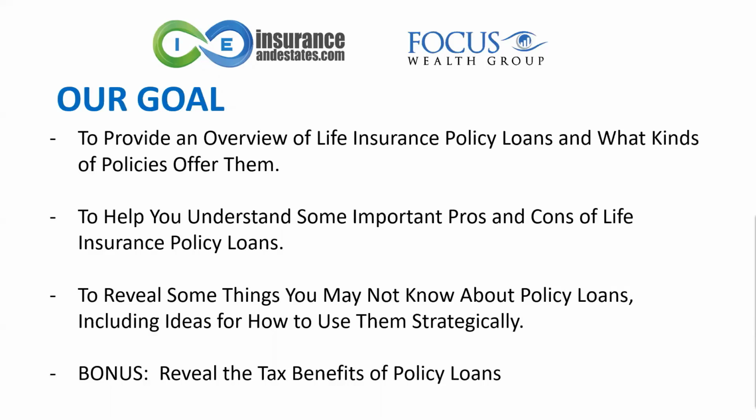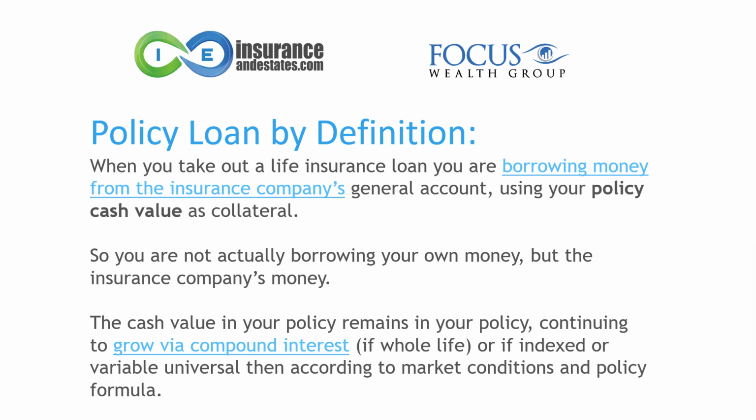A policy loan, by definition, is really using your cash value as collateral for money that you're borrowing from the insurance company. So people get that sort of confused. They think they're borrowing their own money, when they're not. You're actually borrowing money from the insurance company using your cash value as collateral in the same way that you might borrow money on a piece of real estate and use your real estate equity as collateral.